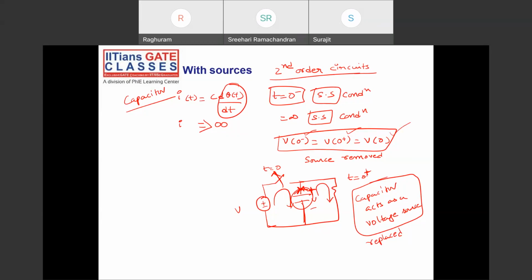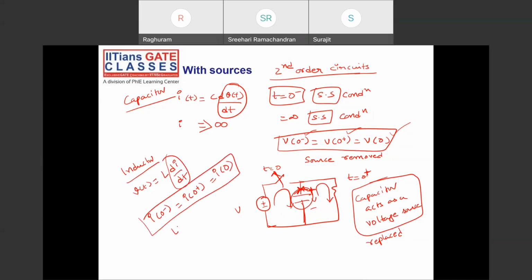Similarly, for an inductor, what is the voltage equation? V of t is equal to L di by dt. So it opposes sudden changes in current through it. That means I of 0 minus is equal to I of 0 plus, which is equal to I of 0.